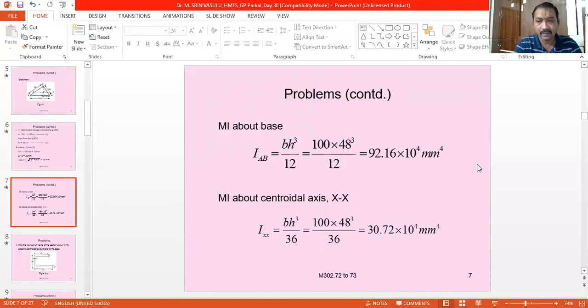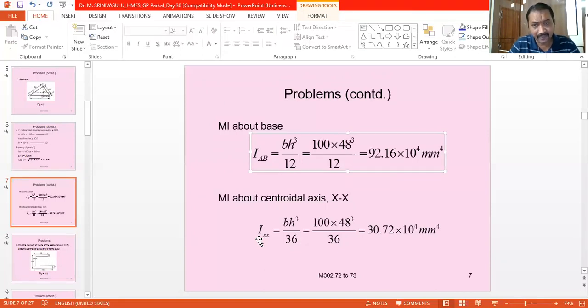Similarly, the moment of inertia about the central axis for the triangle, that is I-axis, is equal to bh cube by 36. Here we have the b value and h value. It is equal to 100 into 48 cube by 36, which is equal to 30.72 into 10 power 4 mm4.